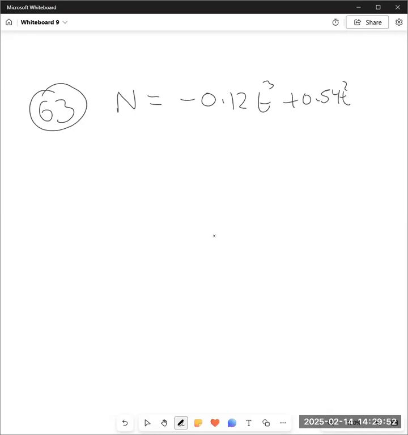At what time is the student assembling components at the greatest rate?